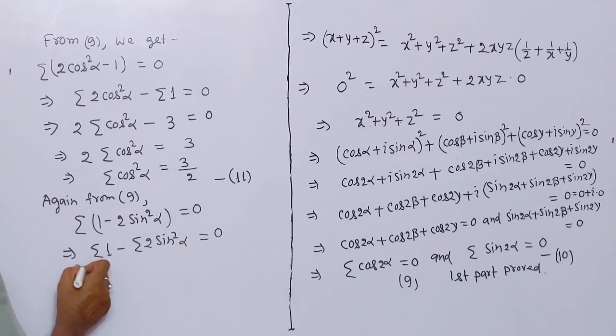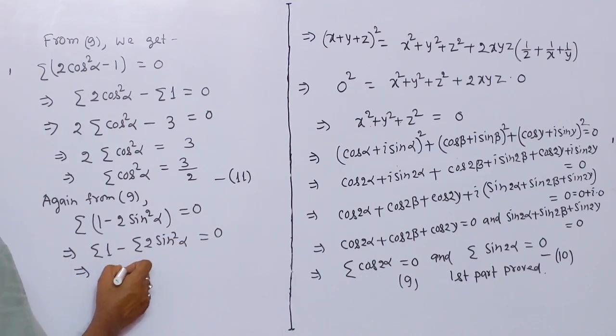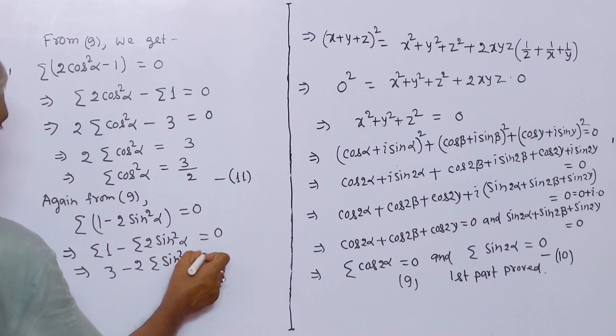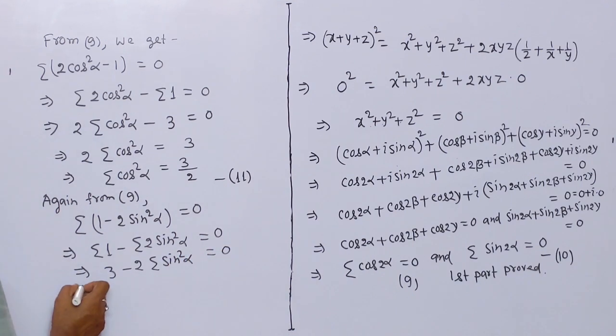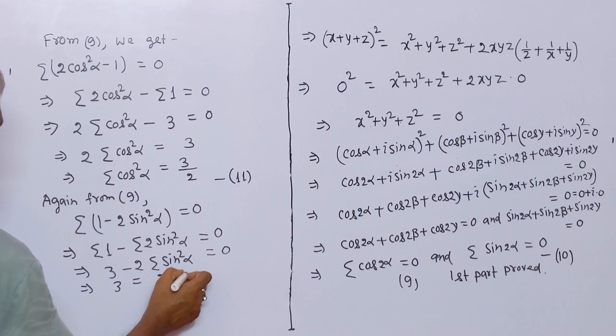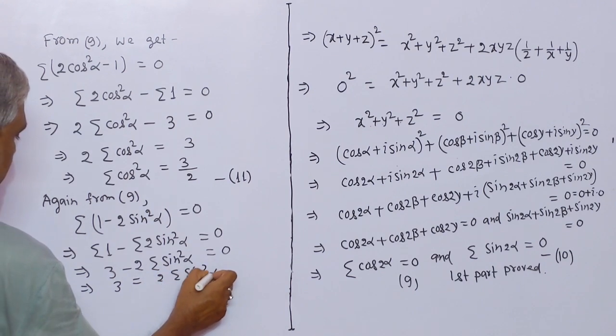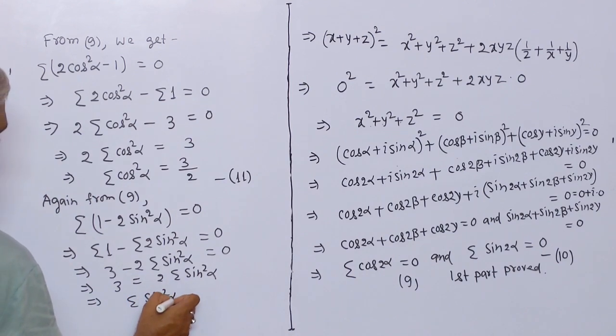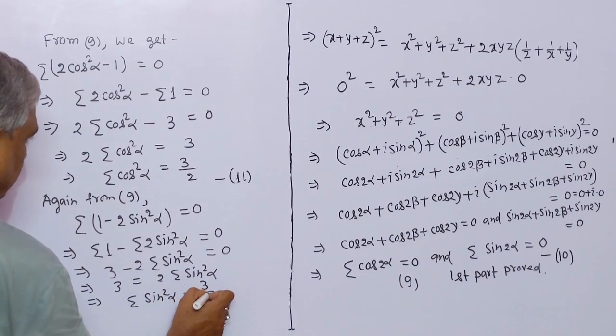This sigma 1 means 3 and here we take 2 outside, sigma sin square alpha equal to 0 implies that 3 equal to 2 sigma sin square alpha implies that sigma sin square alpha equal to 3 by 2.